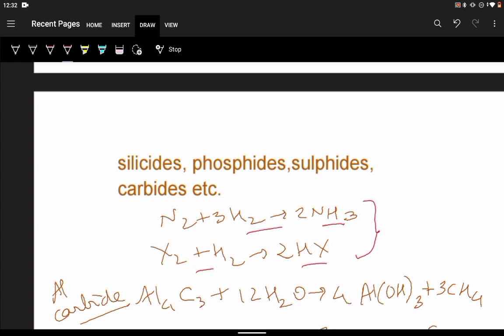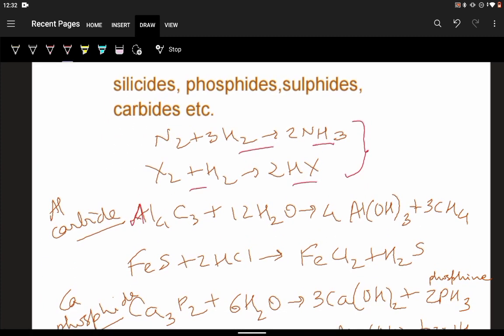Next we can see that aluminium carbide Al4C3 with water gives aluminium hydroxide with the formation of CH4, methane. So hydride is formed. Ferrous sulfide FeS with HCl gives ferrous chloride, FeCl2, and H2S is formed.